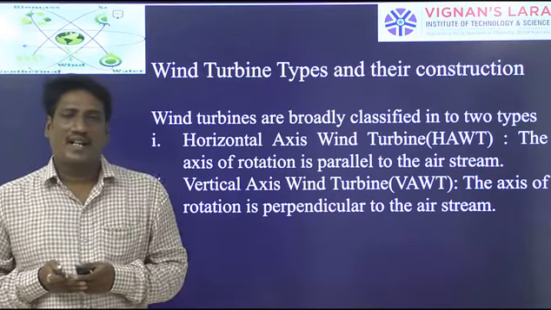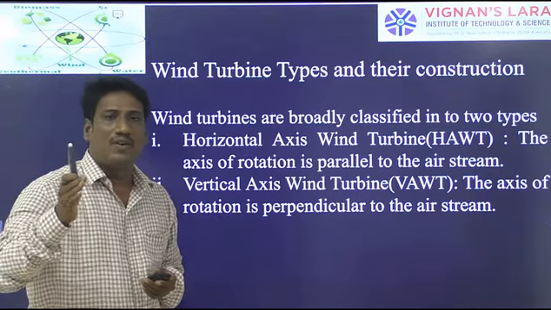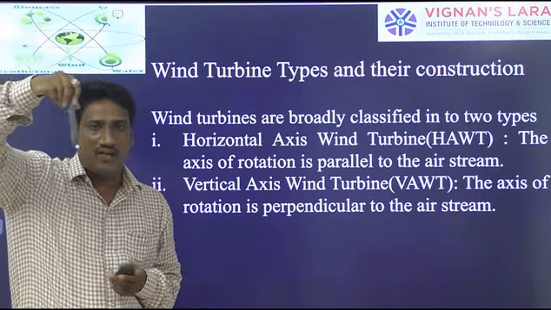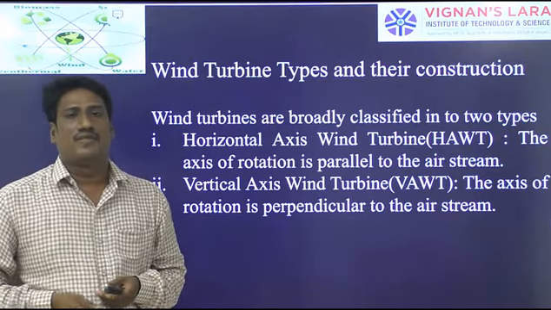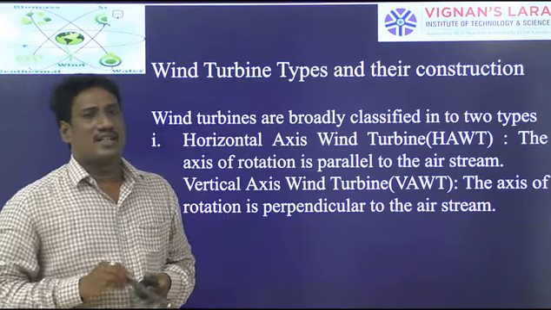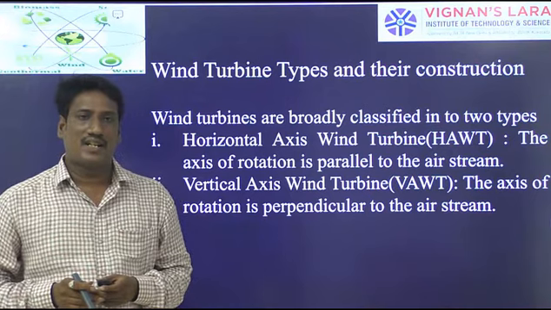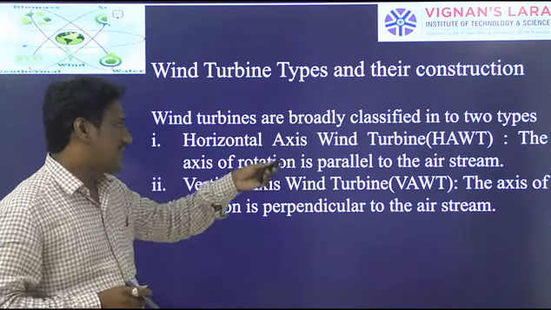Vertical axis wind turbines are those in which the rotor rotation is perpendicular to the wind flow, so we call them vertical axis wind turbines, VAWT, and HAWT.